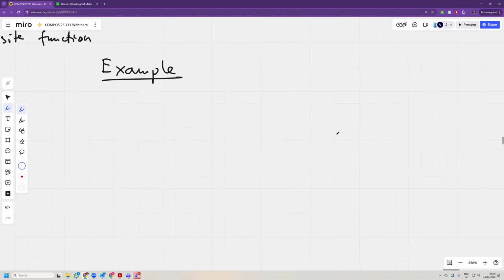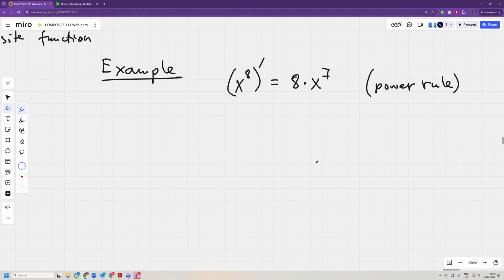You know that the derivative of x to the power 8 is 8 multiplied by x to the power 7. That's the standard result. That's the power rule. That's easy. But what if instead of x you had something else?